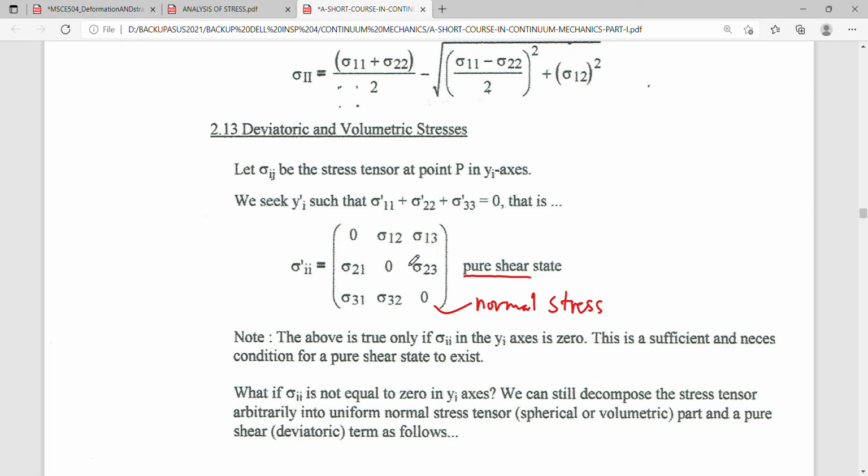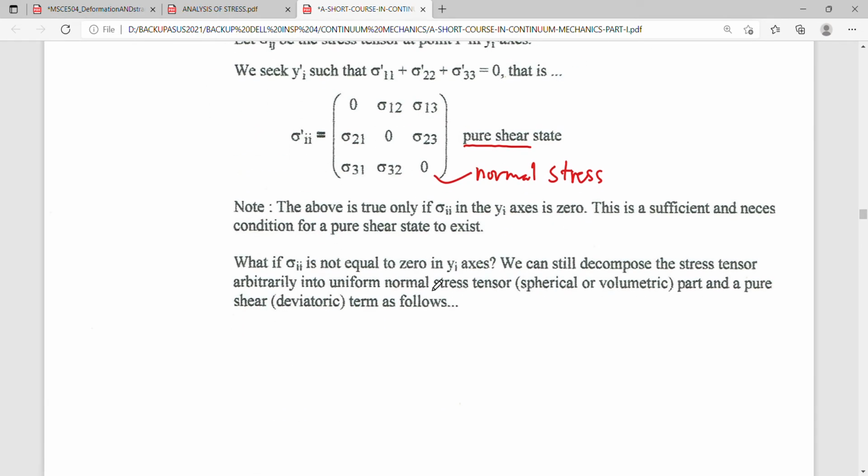So note that the above is only true if your sum of the diagonal sigma i in the y-i axis is zero, and this is a sufficient and necessary condition for such a pure shear state to exist.